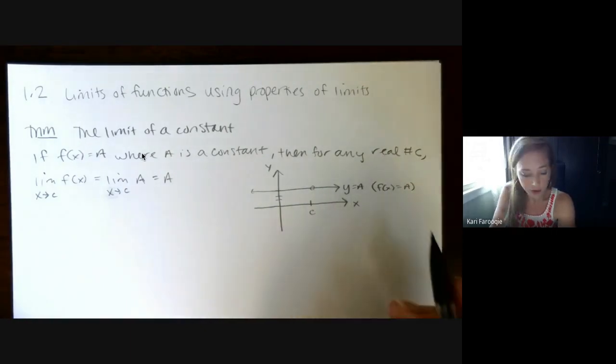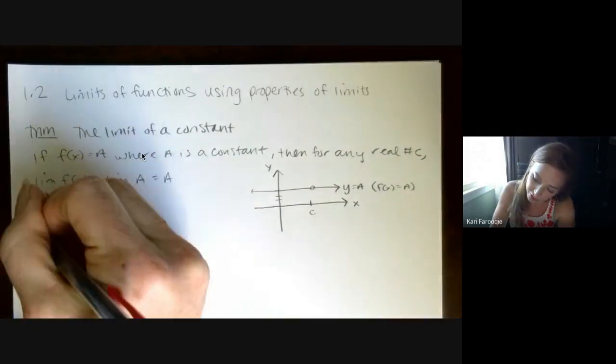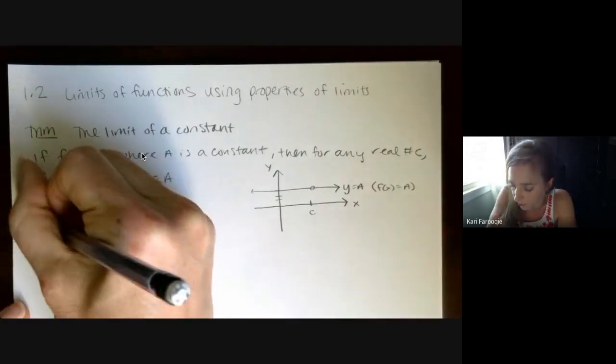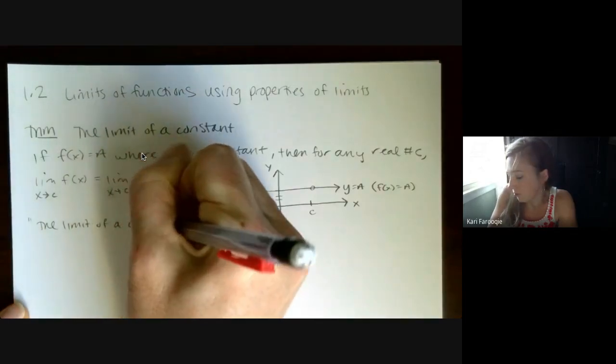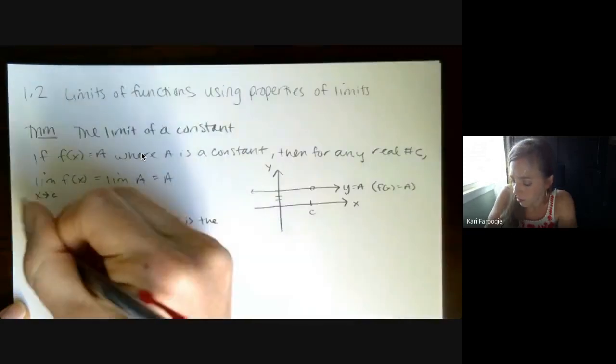So the limit of a constant is the constant itself. Sometimes I just write that in English words because it's something that we're going to use more often than you might imagine. The limit of a constant is the constant itself.